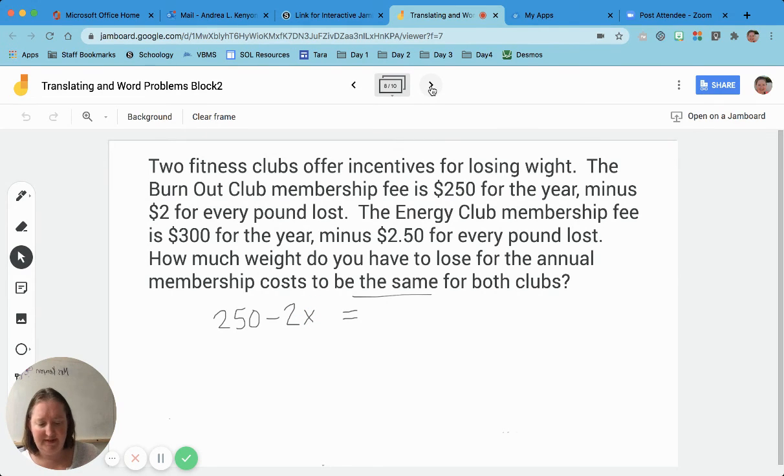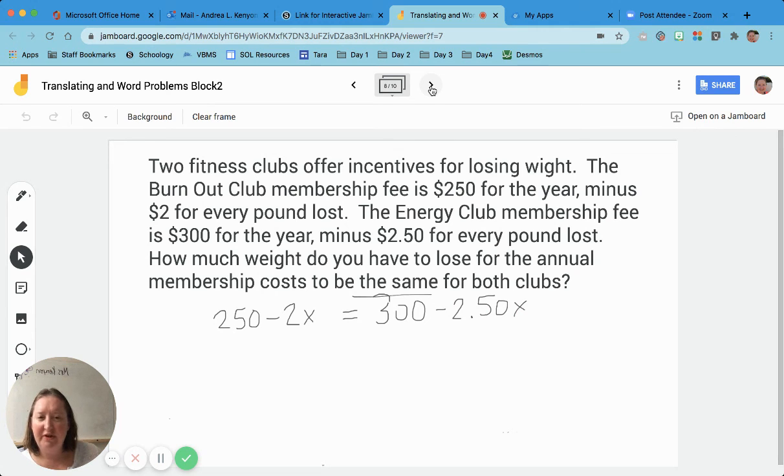Then over here on this side, I have the Energy Club. It costs $300, but you get to subtract $2.50 for every pound.